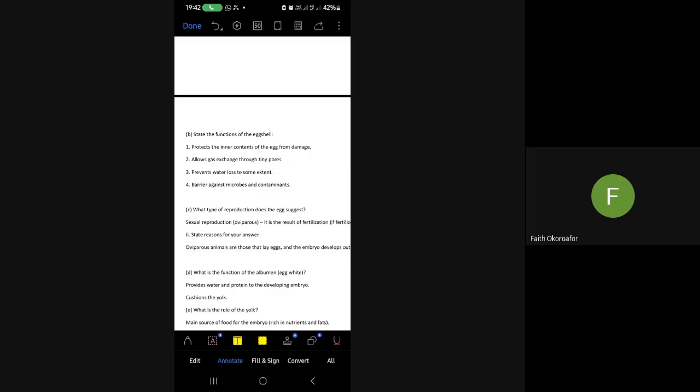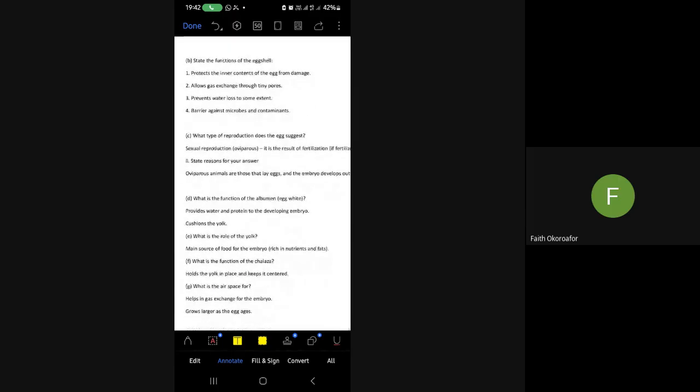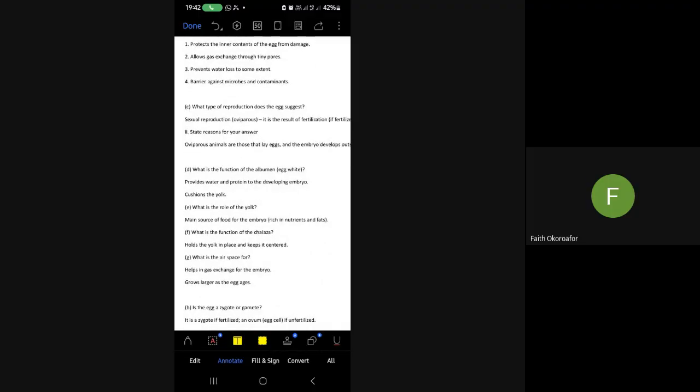All right. So after the shell, we have the egg albumin. What is the function of the egg albumin? The white portion of the egg is what we call the egg albumin. It provides water and supplies protein. It is the albumin that contains protein in egg.